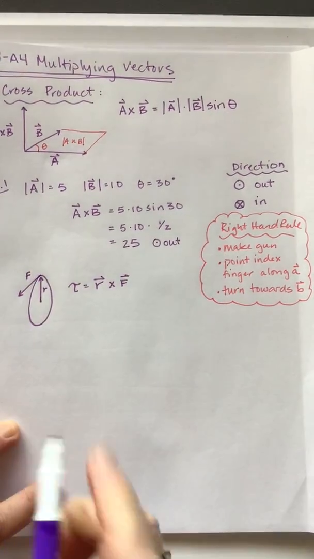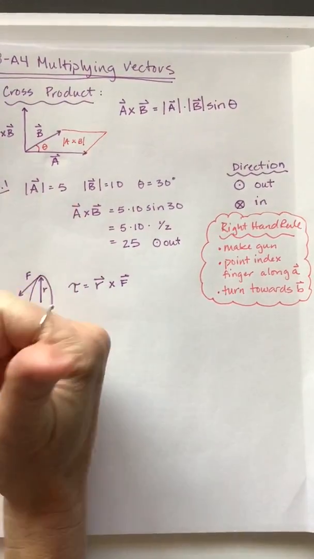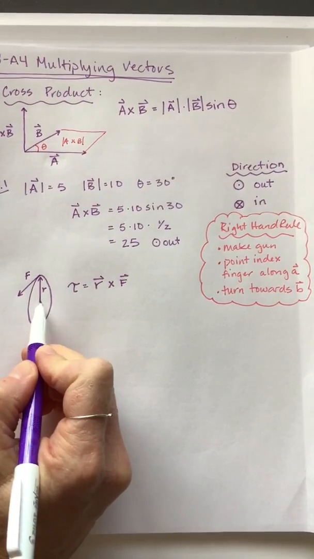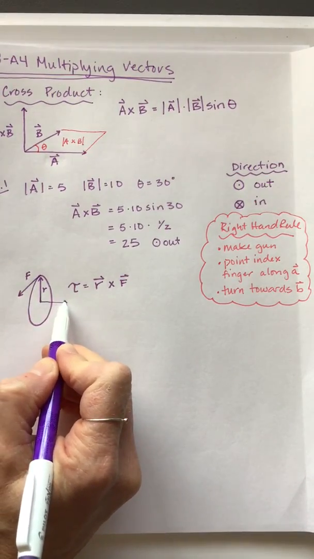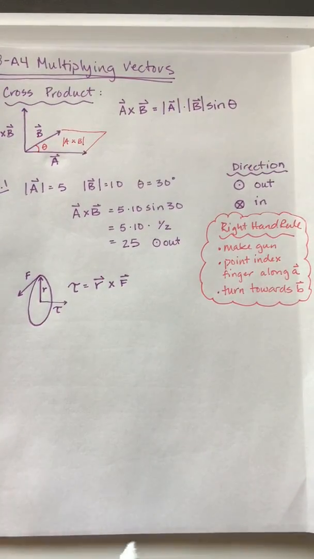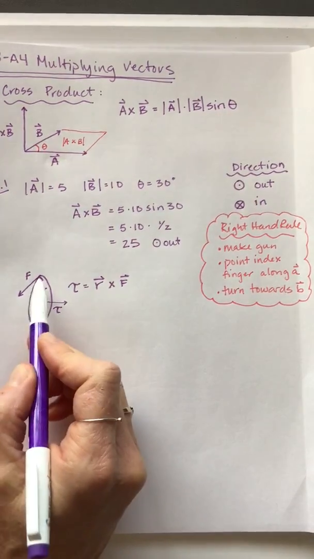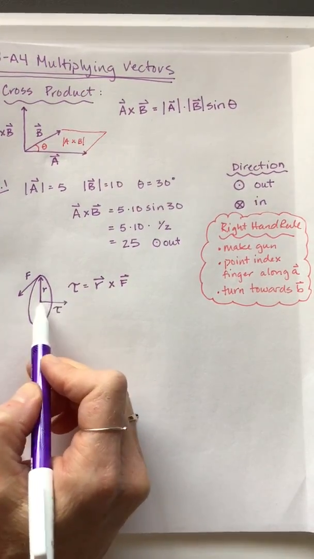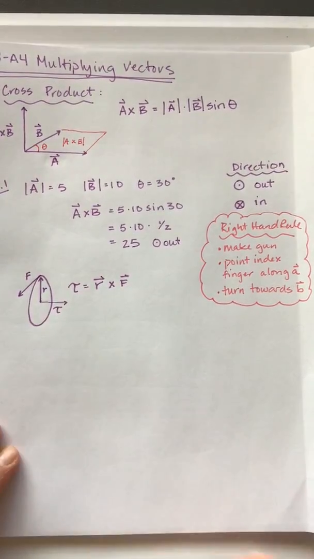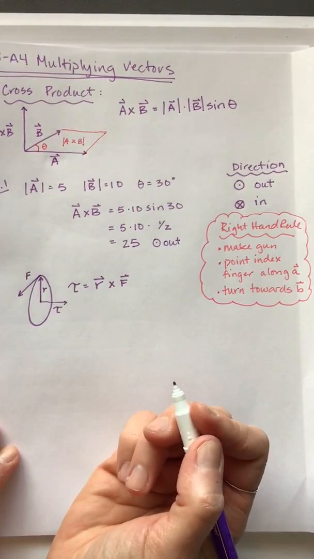And when you do the right hand rule, the torque is coming directly out of the wheel, this direction. And you can definitely feel that. The faster you ride your bike, you can't tip it over, because this force being crossed makes that angular momentum or that torque really, really strong. It makes it hard to tip over because it's coming out perpendicular to the wheel.